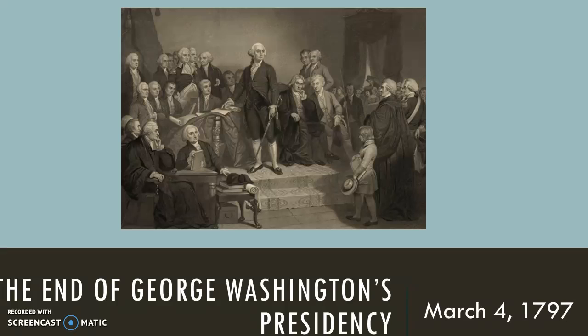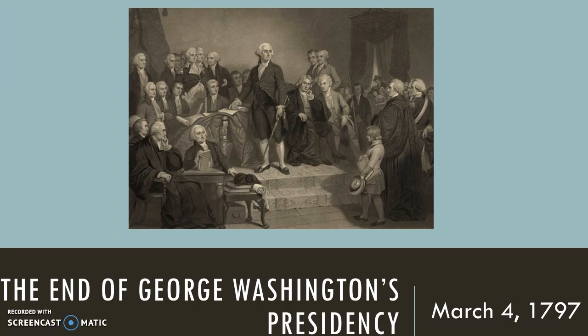Now, George Washington resigns from the presidency on March 4th, 1797, which is an absolutely staggeringly bold and important decision because George Washington was wildly popular and he's the first president, so he can set the precedent for how long someone will serve. George Washington could have been president until he died, but he chose to walk away.